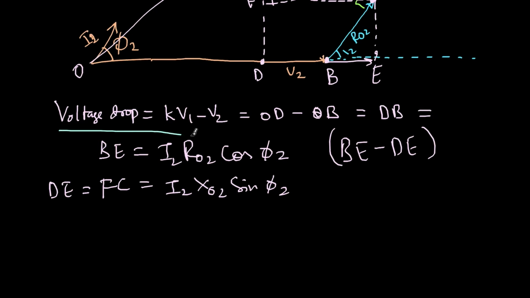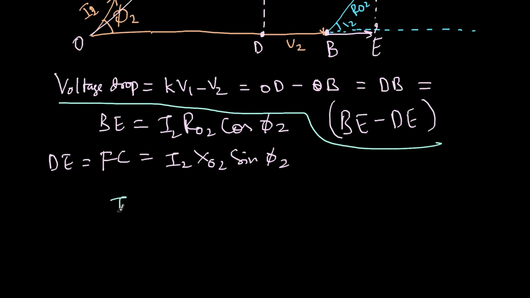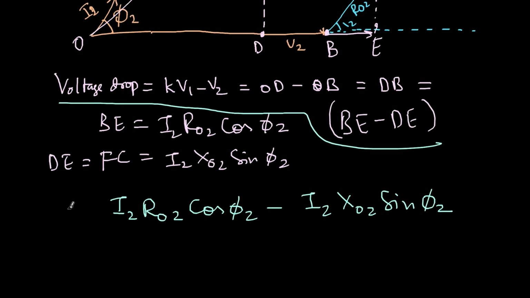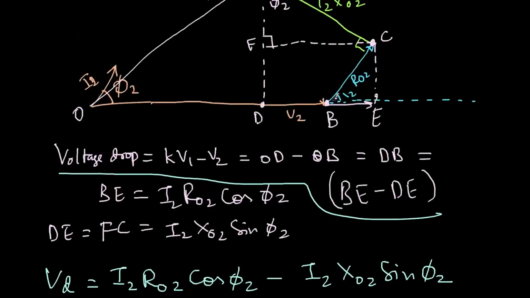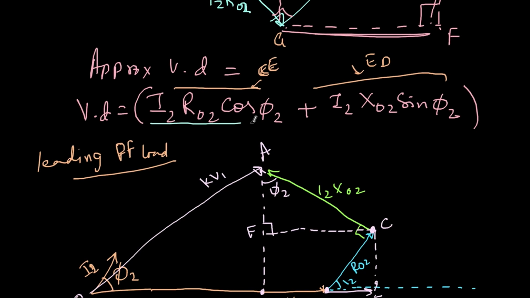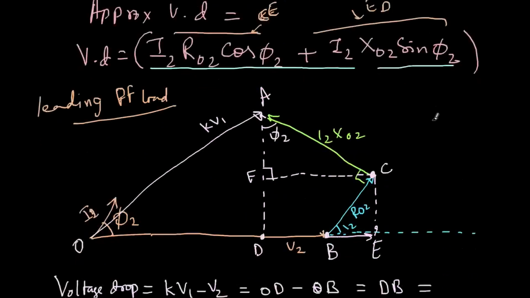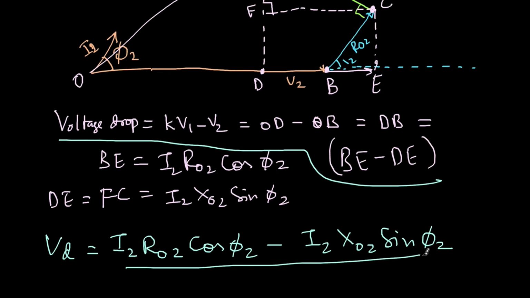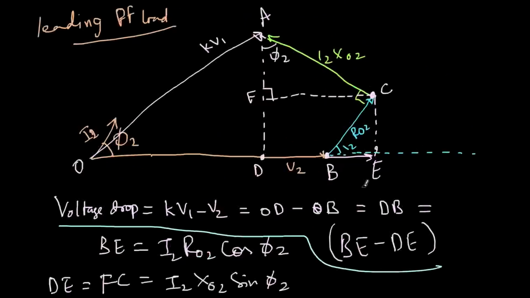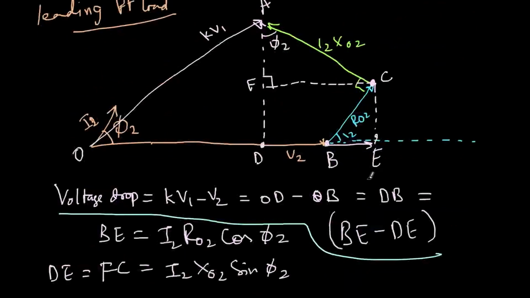So what is BE minus DE? So I just have to do I2 R naught 2 cos of phi 2 minus I2 X naught 2 sine of phi 2. So this is my voltage drop. So if I compare this with the earlier I2 R naught 2 cos of phi 2 plus this one, whereas here this minus this one. So the only difference is this plus sign is becoming minus sign.